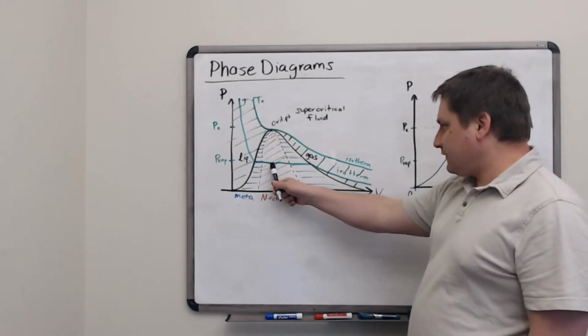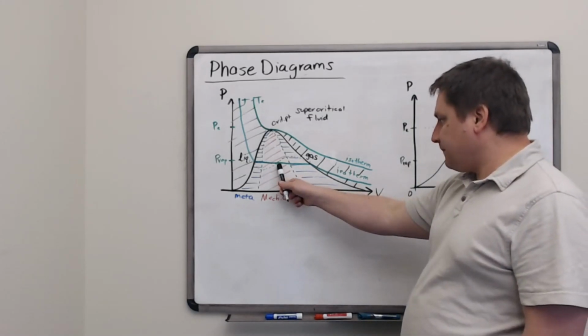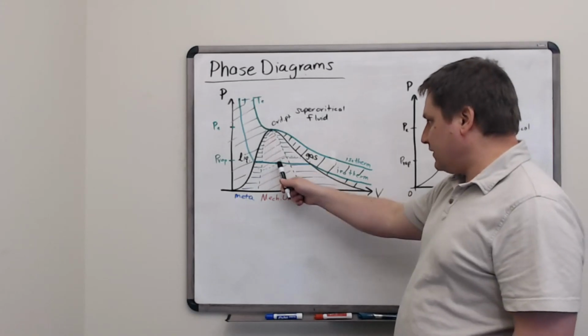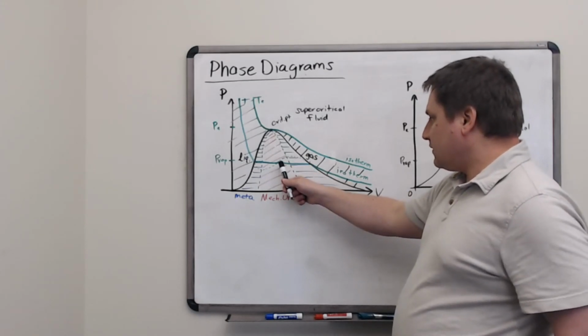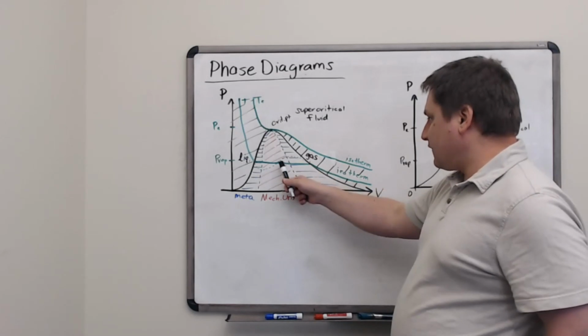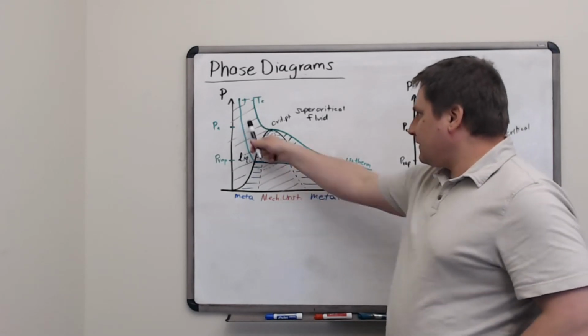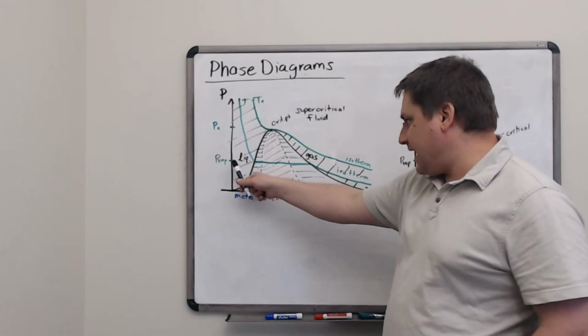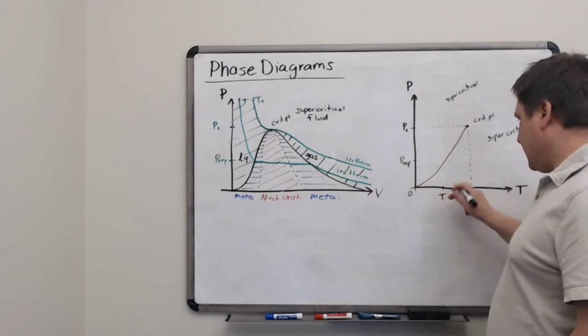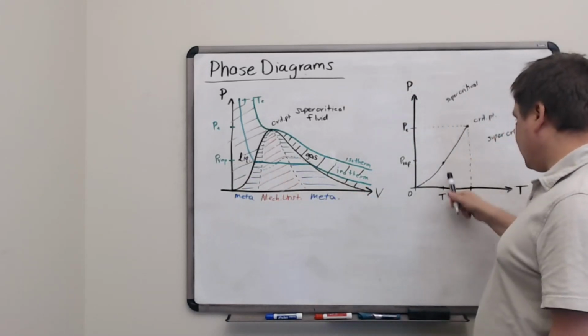So for example, this second green isotherm here, the second one down from the top, this is some certain temperature and it has a vapor pressure. So that would be a point that we can draw right there.